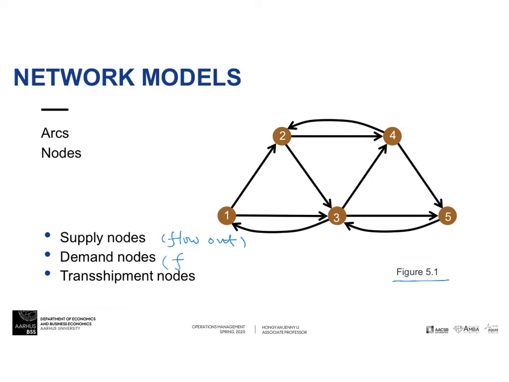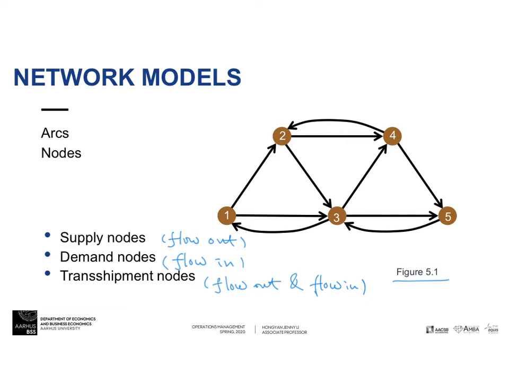If there are any flow in items, then the node is the demand node. If, for example, in this graph, all the nodes include both flow outs and flow in, then all these nodes are the transshipment nodes.